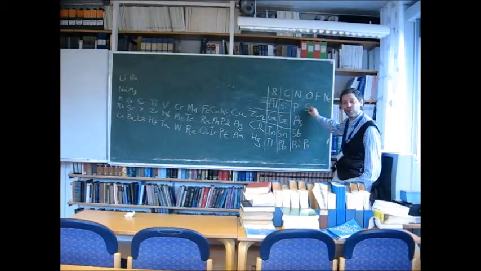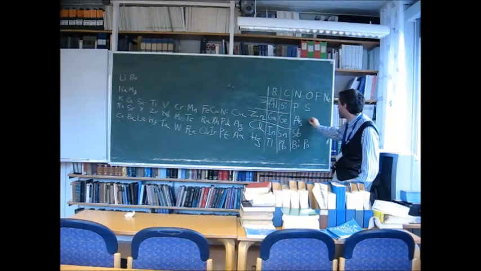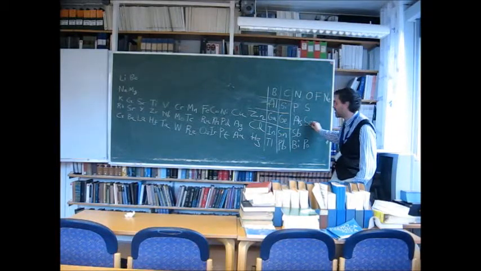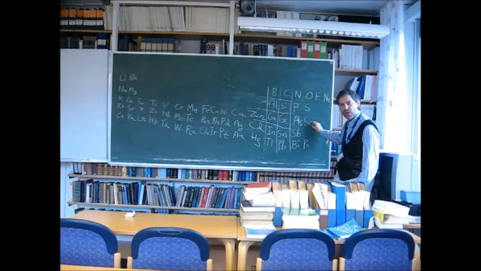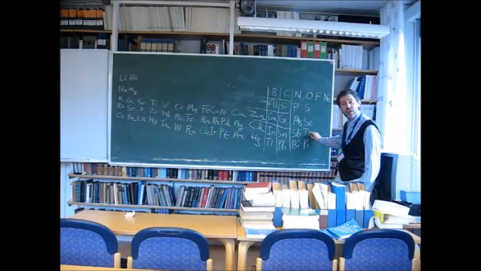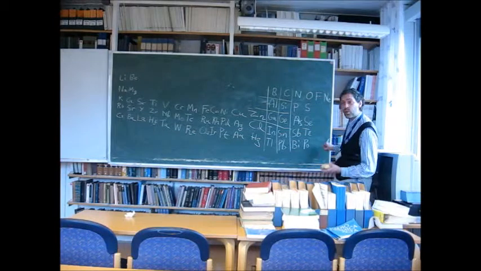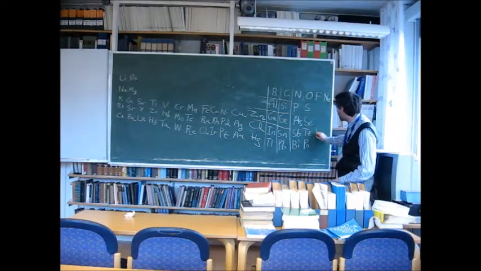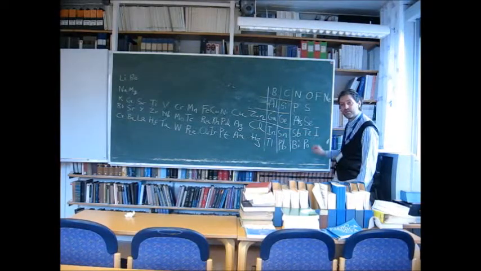Now, let's go down the periodic table a little bit. If we now go down here to this one, which will be selenium, we can then move down to tellurium. If you neutron irradiate tellurium, it then beta decays into iodine, which fixes the position of iodine in the periodic table here.